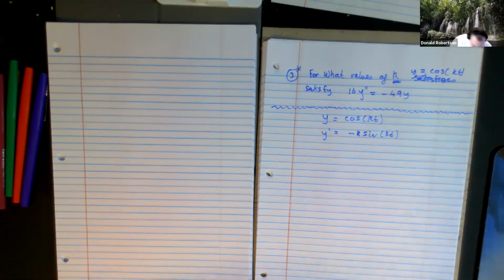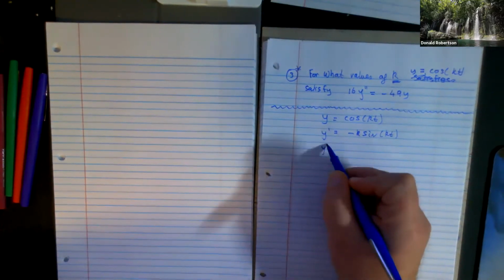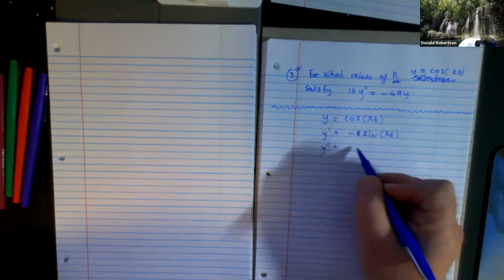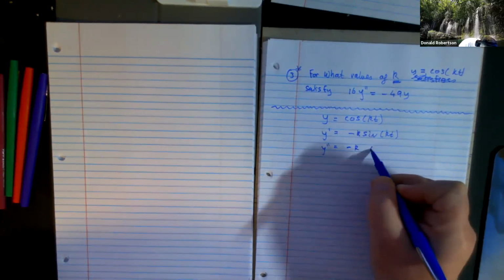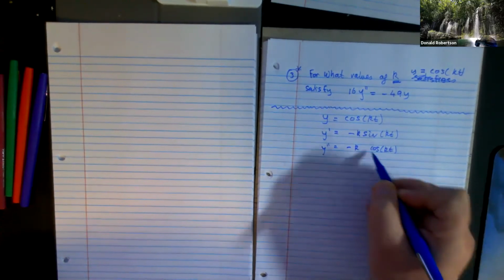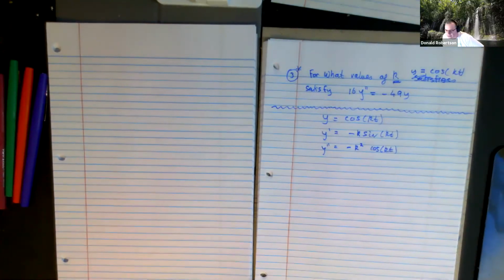So you get a 2. Now, once you've sorted that out, if you differentiate this fella, you do get negative k cosine kt. But don't you also get times another k? So are you happy where that k squared is coming from? Is that okay?